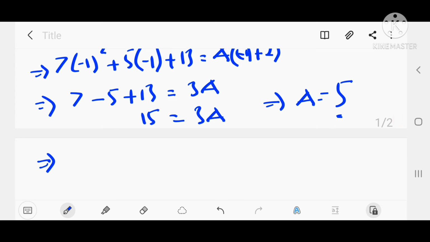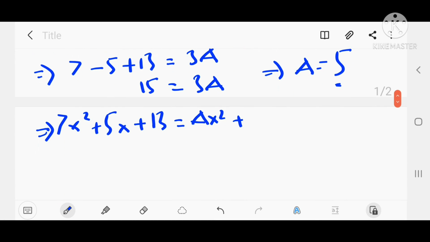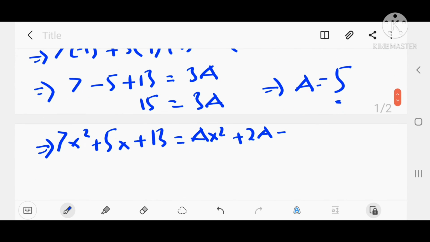This implies that 7x squared plus 5x plus 13 equals ax squared plus 2a, then plus bx squared plus b.